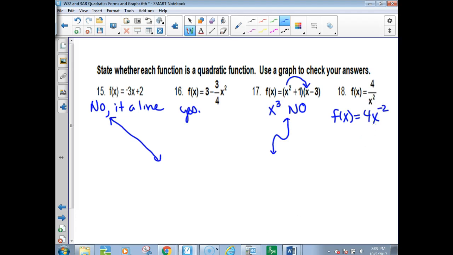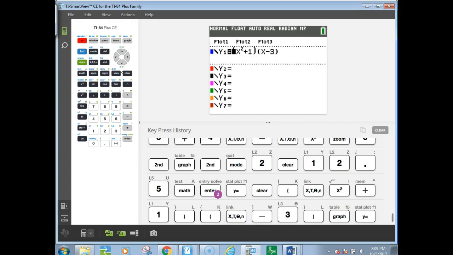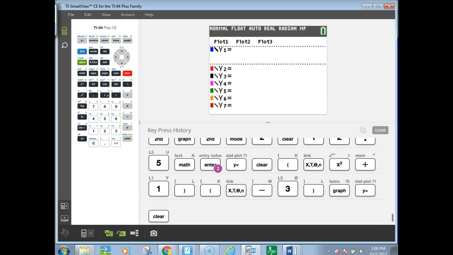So this probably isn't a parabola. I'll just tell you, I call it a volcano because I'm weird like that. But anyway, we'll learn how to graph them. So what was it? 4 divided by x squared?